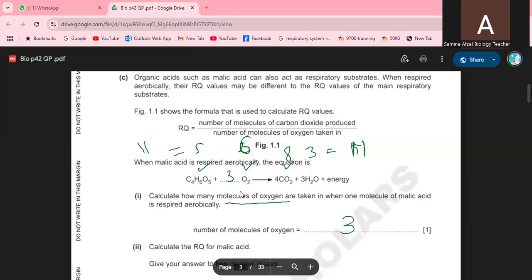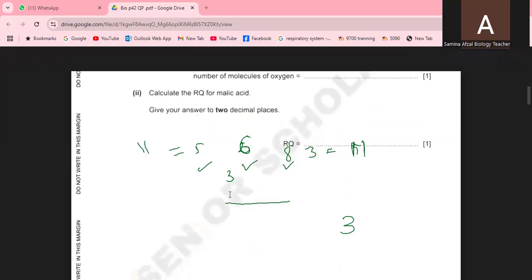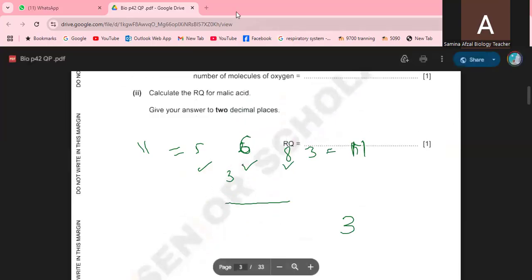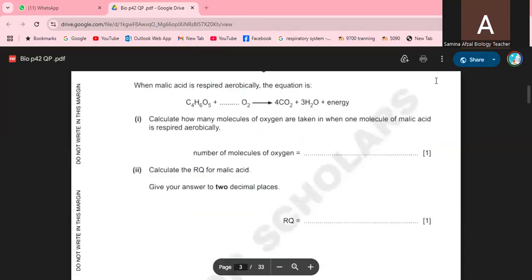Now we are moving towards the next question. The question is: calculate the RQ for malic acid. In the equation, you can see the oxygen molecules are 3. The formula for RQ, you know, is carbon dioxide produced over oxygen consumed.